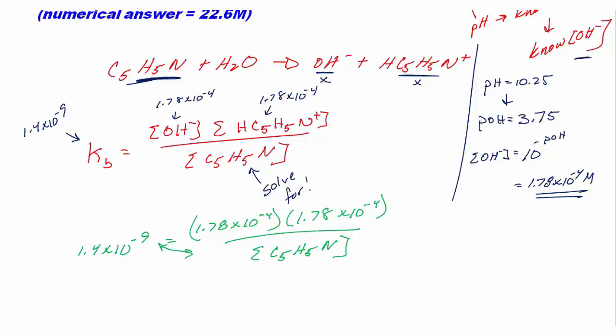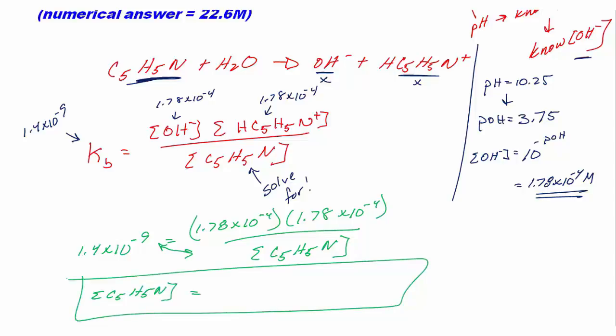We'll have our answer. So we'll take 1.78 times 10 to the negative 4, square it, divide it by 1.4 times 10 to the negative 9. You get about 22.6. That will be my concentration of pyridine.